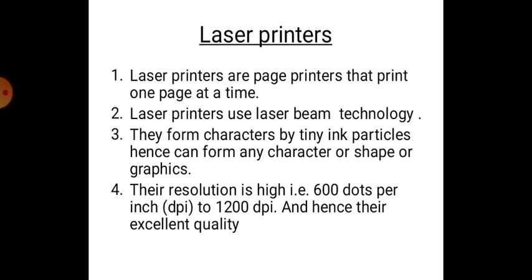Point number 4. Their resolution is high, that is 600 dots per inch to 1200 dots per inch, and hence the excellent quality. Students, when the resolution is high in printing, quality would be good. So resolution is in the range of 600 dots per inch to 1200 dots per inch.